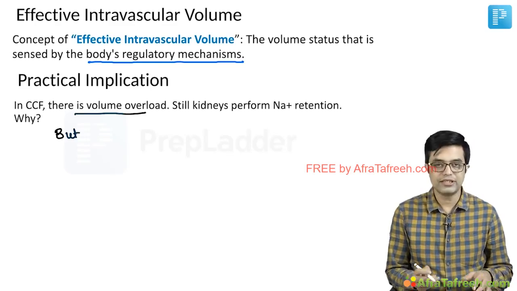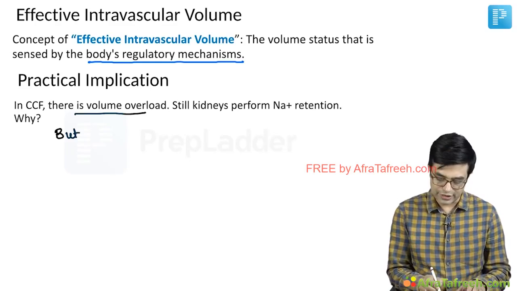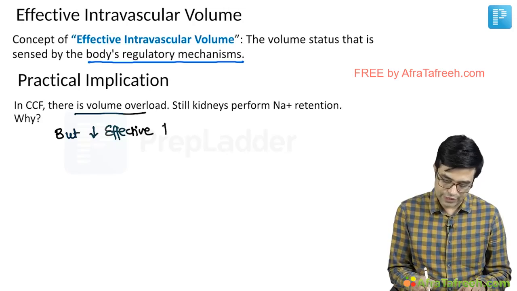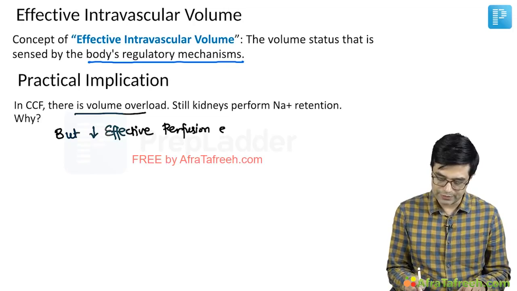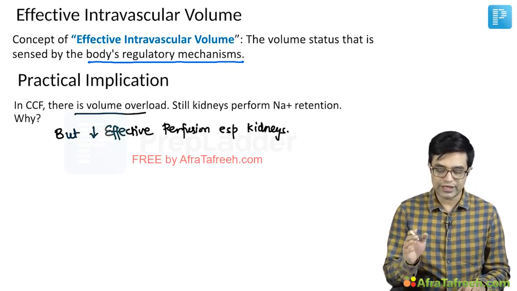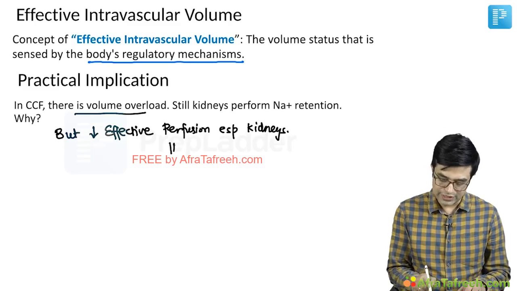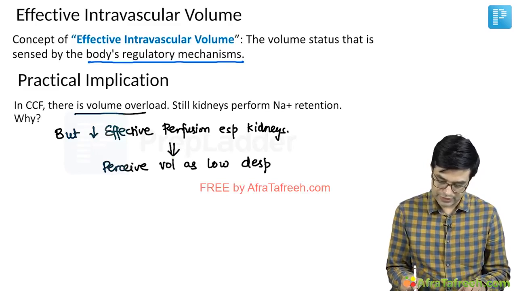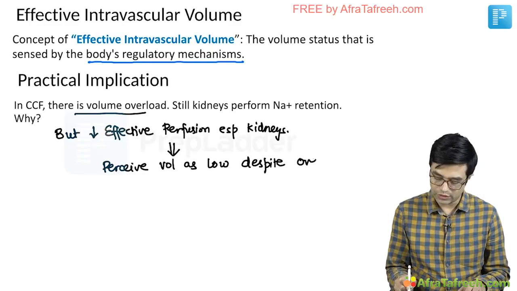There is a reduction in the overall cardiac function, resulting in decreased effective perfusion of various organ systems, especially the kidneys. Since these are the body's regulatory mechanisms, they perceive volume as low despite there being an overall overload.